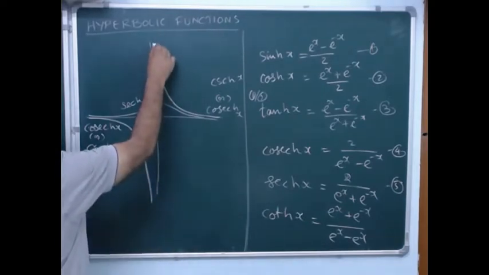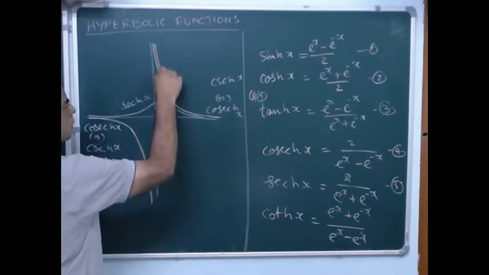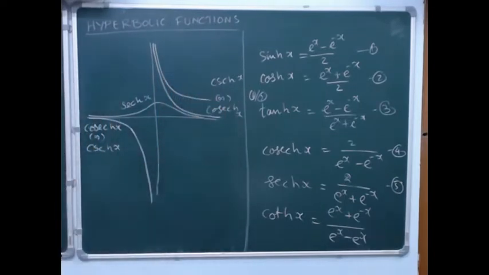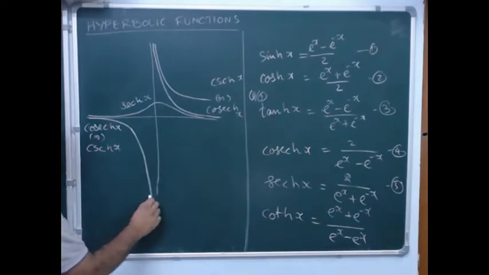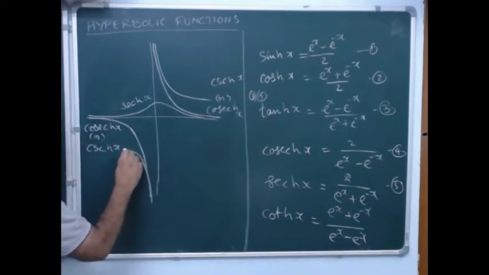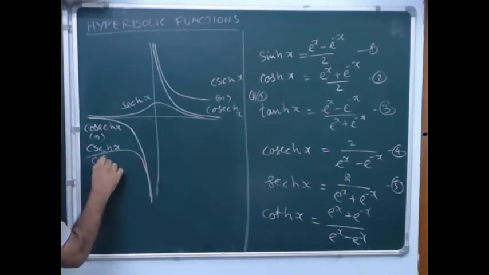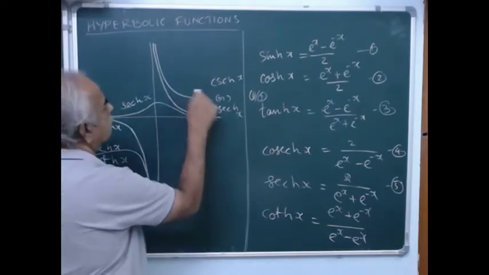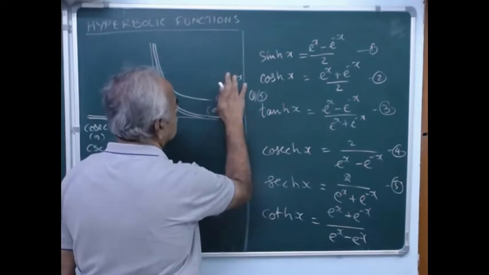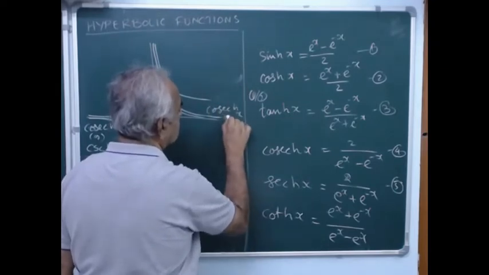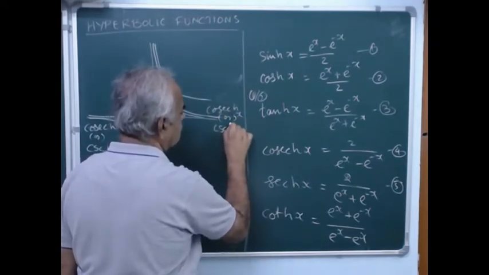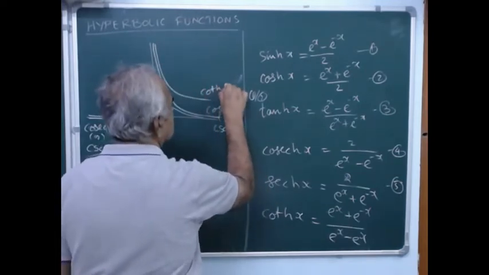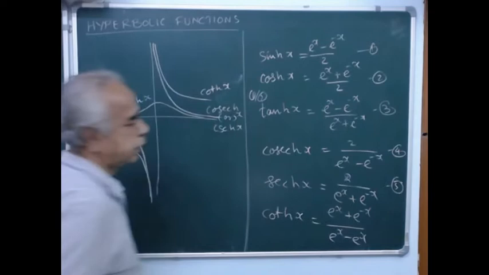So the cotangent will be like this. So this is the cotangent hyperbolic of x.